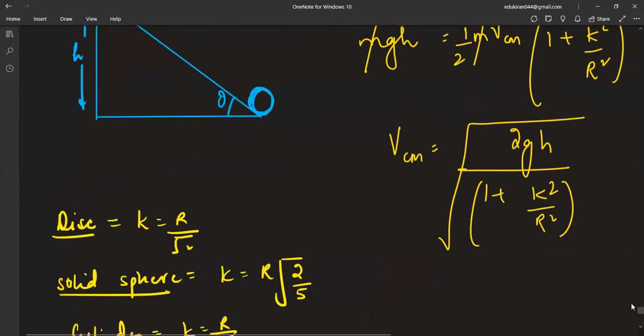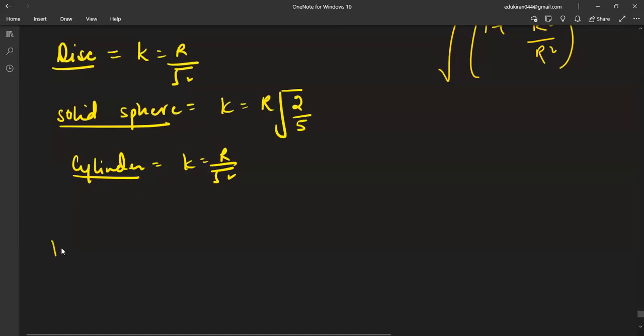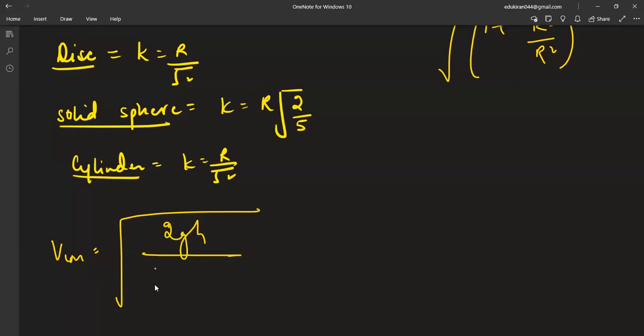This at least you all should do. Though, okay, let me discuss it then. This is how you will do it: 2gh, you will put 1 plus k square, so this becomes r square by 2 divided by r square. We'll just have a look at the denominator. Let me solve this one; the rest you can do.